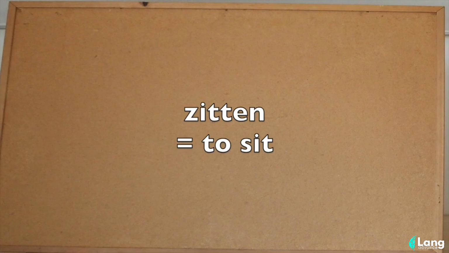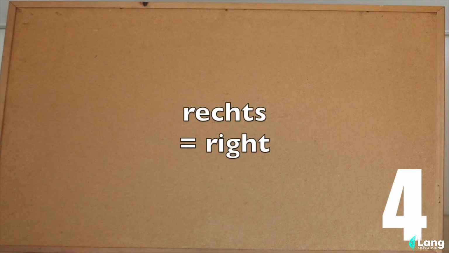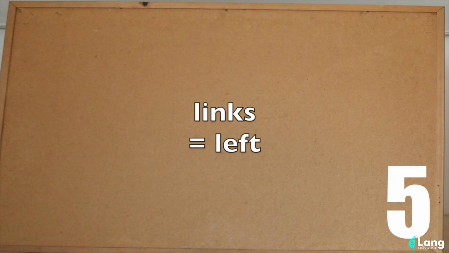Zitten means to sit. De tafel means table. Rechts means right, to the right, as the opposite of left. Links means left.